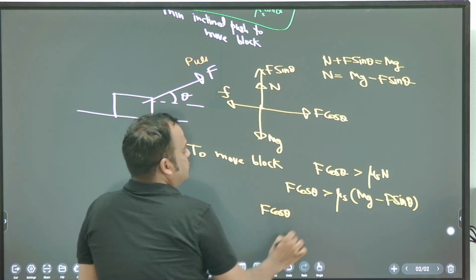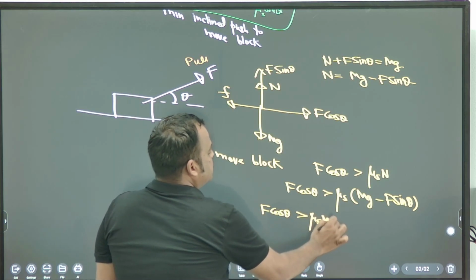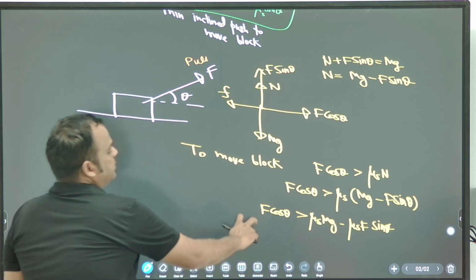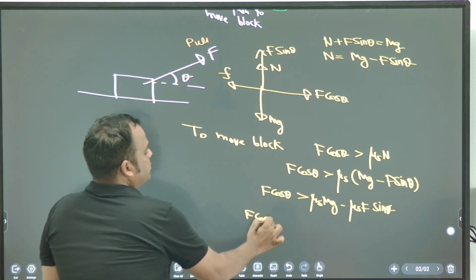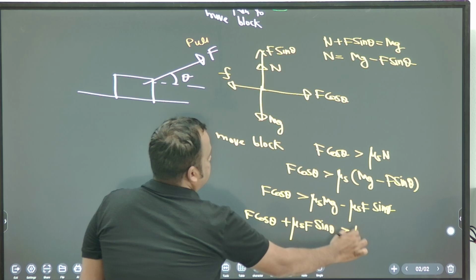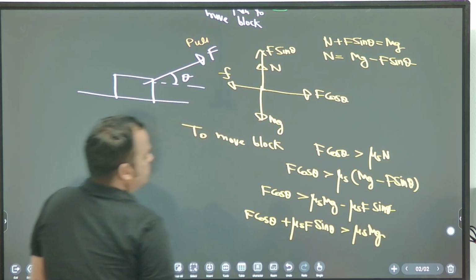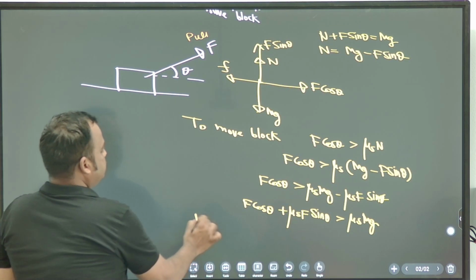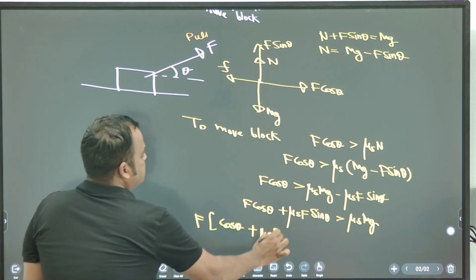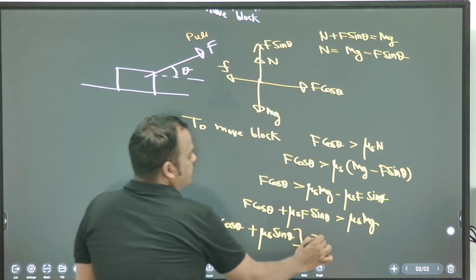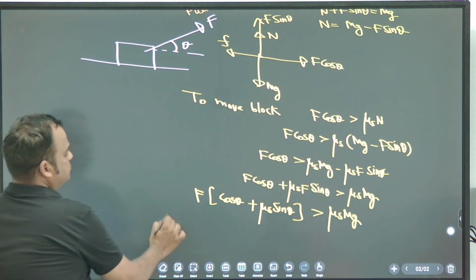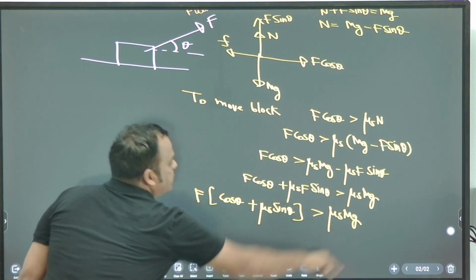So note down, f cos theta is greater than mu s mg minus mu s f sin theta. So f cos theta plus mu s f sin theta is greater than mu s mg. Take f common: f into cos theta plus mu s sin theta greater than mu s mg. So what is f? Now take this term to the right side, denominator.